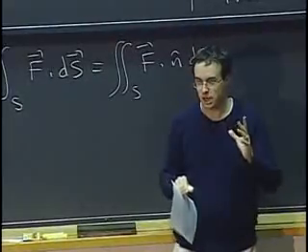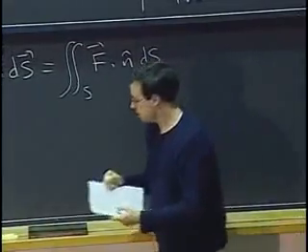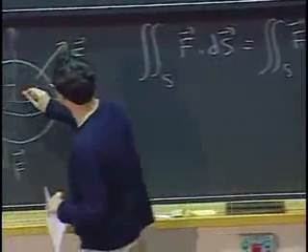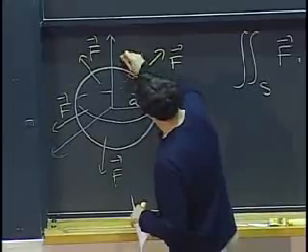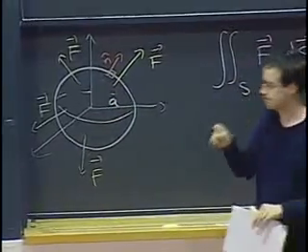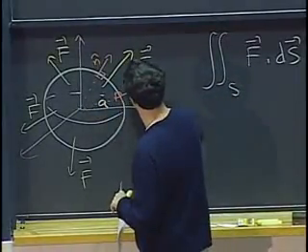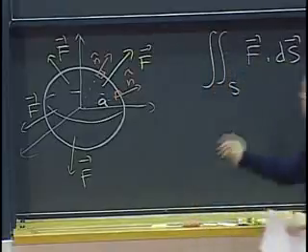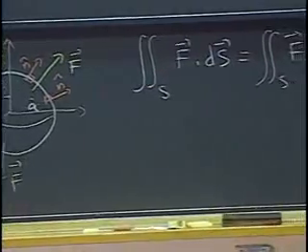Let's say I'm choosing it pointing out, then it will be sticking straight out of the sphere as well. So hopefully you can see that the normal vector to the sphere is actually pointing radially out away from the origin. So in fact, our vector field and our normal vector are parallel to each other.